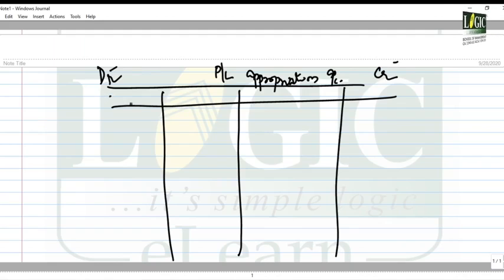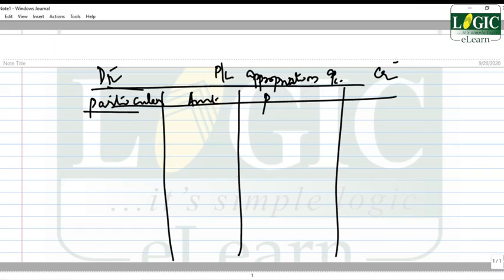Now, the columns are particulars, amount, particulars, amount. You start with the net profit revealed by the profit or loss account.